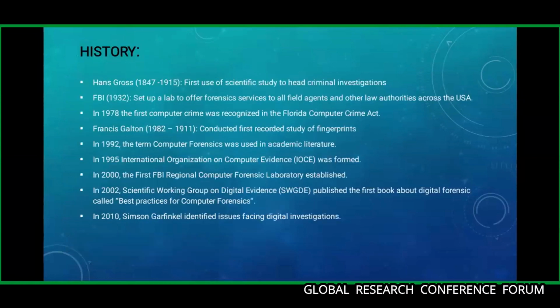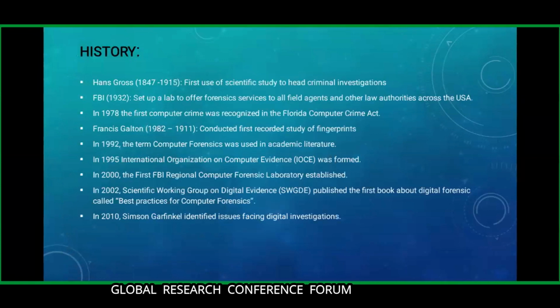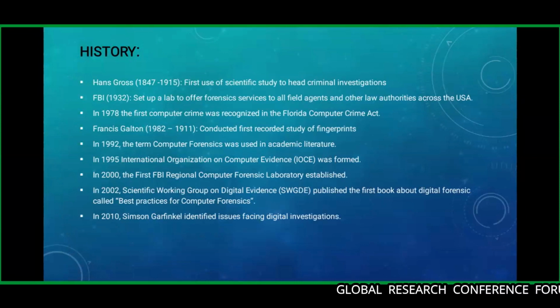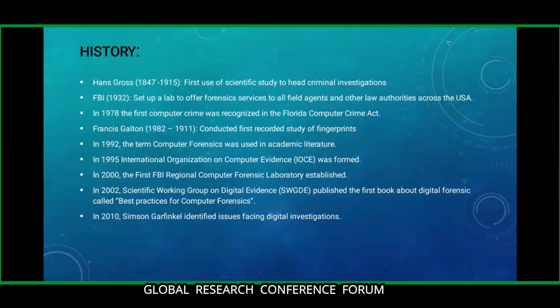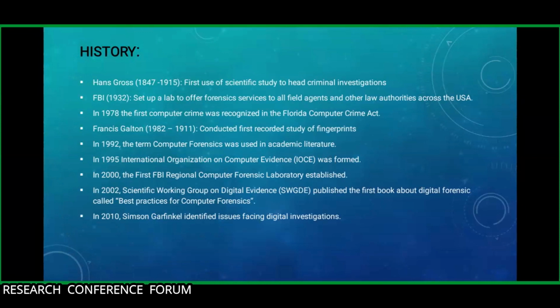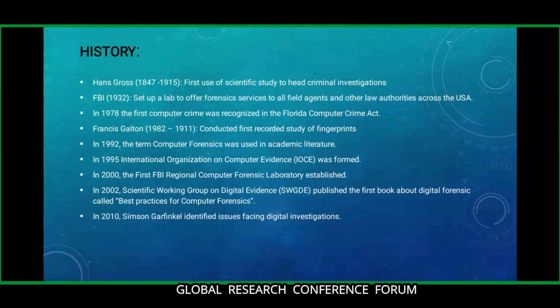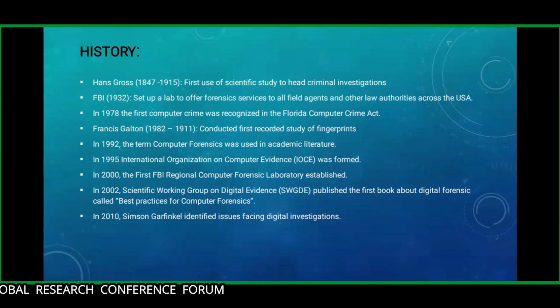History. Hans Gross was an Austrian criminal jurist and criminologist, the founding father of criminal profiling. FBI, 1932. The FBI is enabled to investigate federal crimes and threats to national security, as well as to gather intelligence and assist other law enforcement agencies. In 1974, the first computer crime.